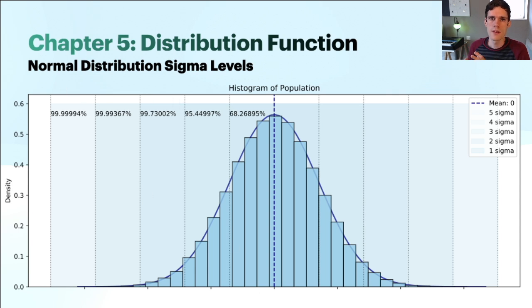Well, the reason is because the normal distribution is so widespread across a very diverse set of fields. And therefore, a lot of people that use statistics will report their findings in terms of these sigma intervals. Now, in the course notes, I go through each different sigma level and discuss where it is used.